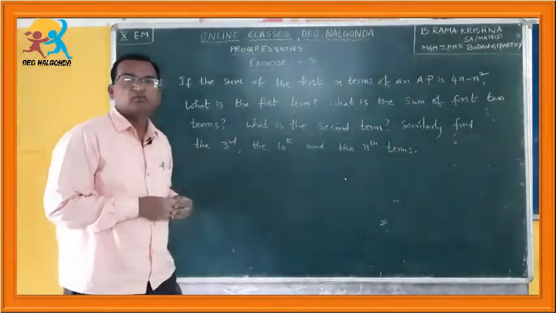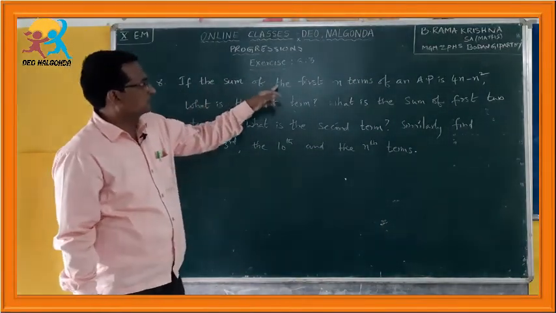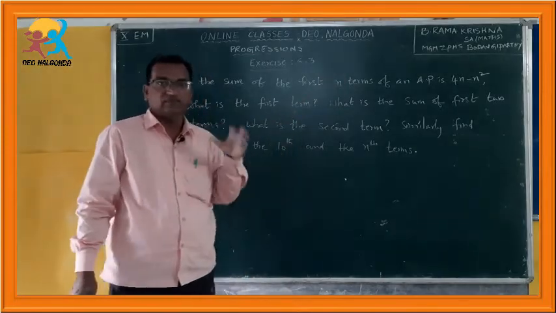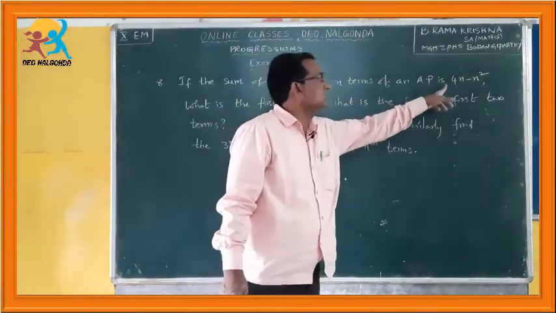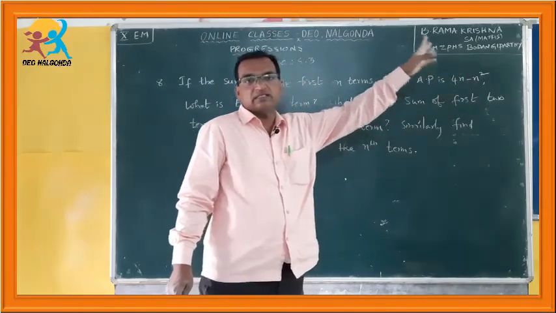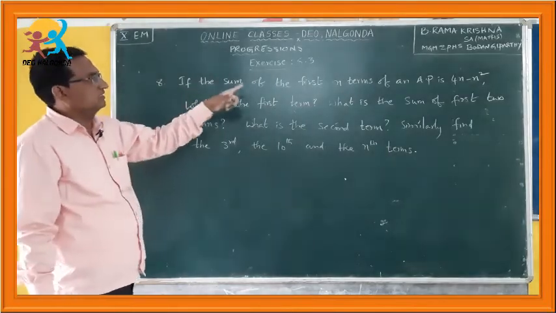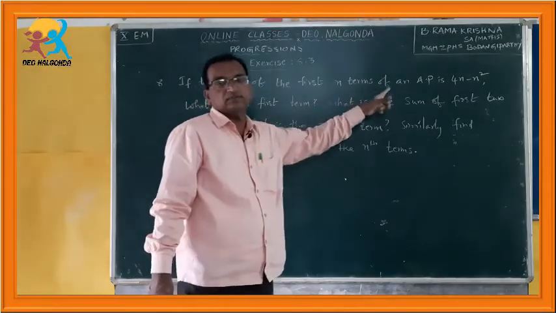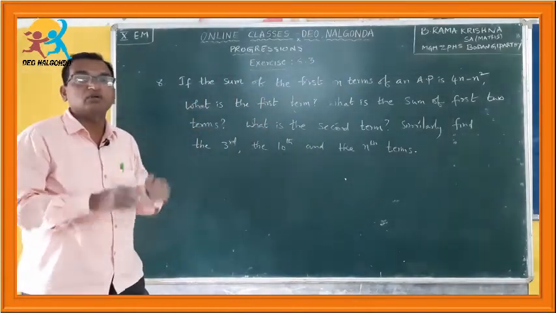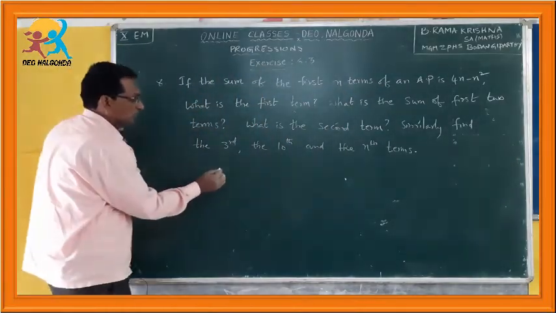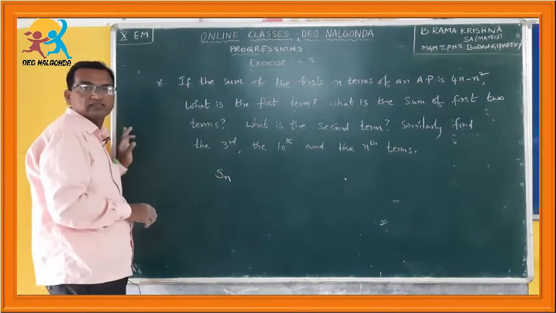Okay, children, we move on to the 8th question. If the sum of the first n terms of an AP is 4n minus n square, try to understand up to here. Sum of the first n terms, you know the notation, is given by Sn.